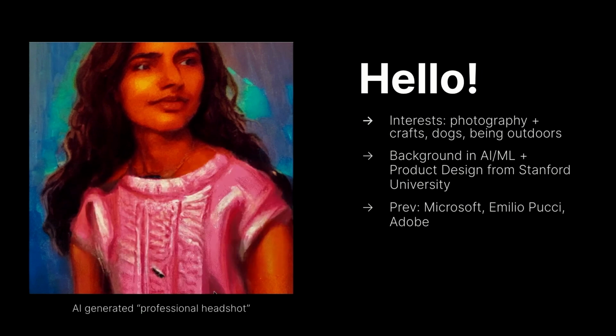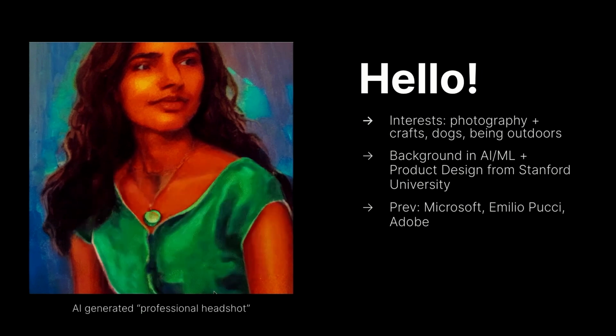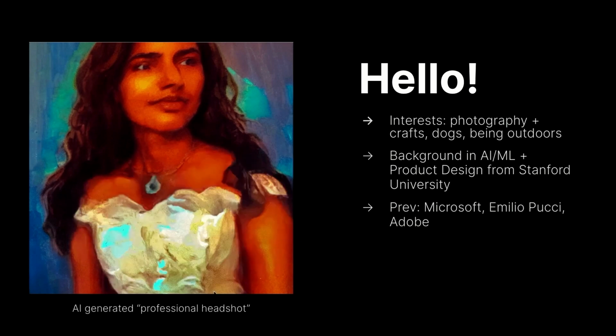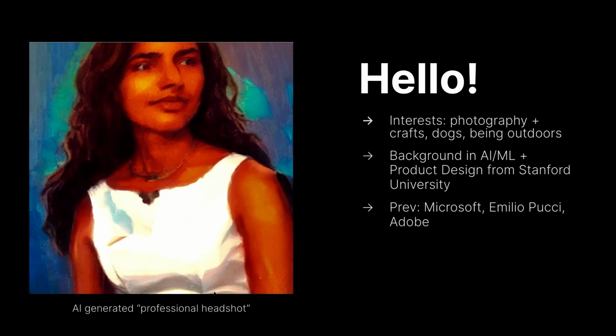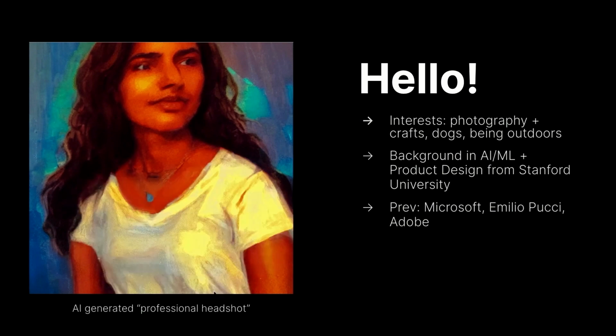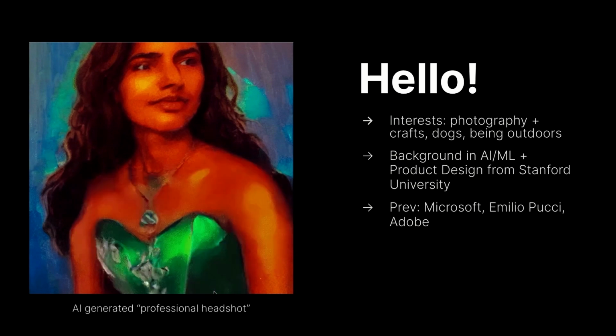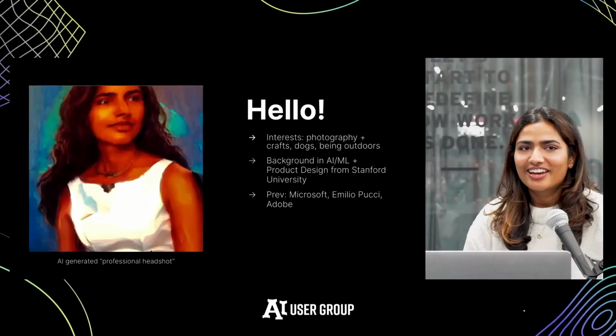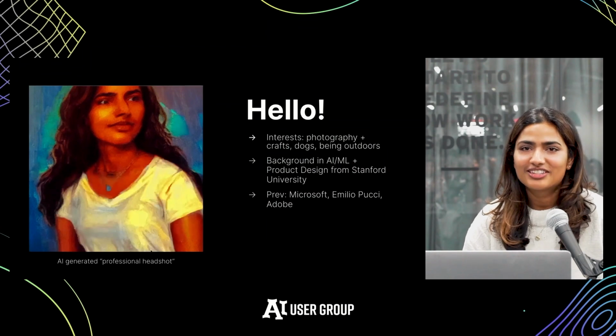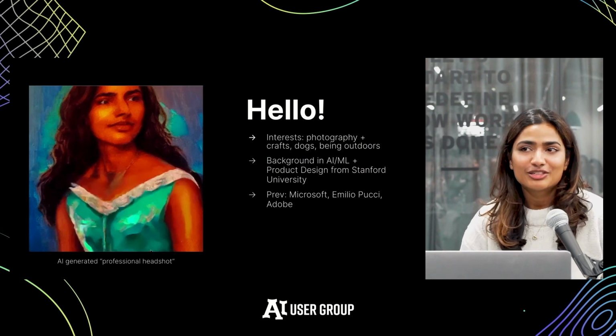I always used to go on runs and take images of sunsets from unique angles, and I think that's kind of how I got into the creative side of things, which led me to companies like Emilia Pucci, which is a fashion brand in Florence, to also bigger companies like Adobe. And currently I am at Facet, where we are working on creating the next set of generation tools for designers in a way that's accessible for them.